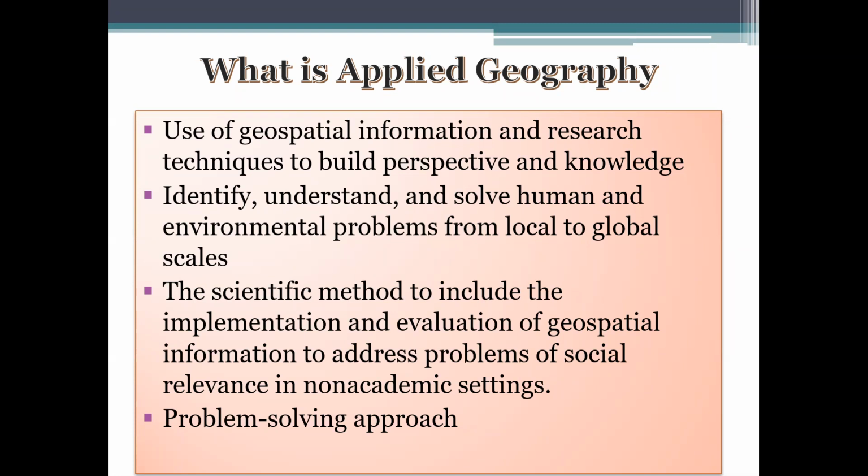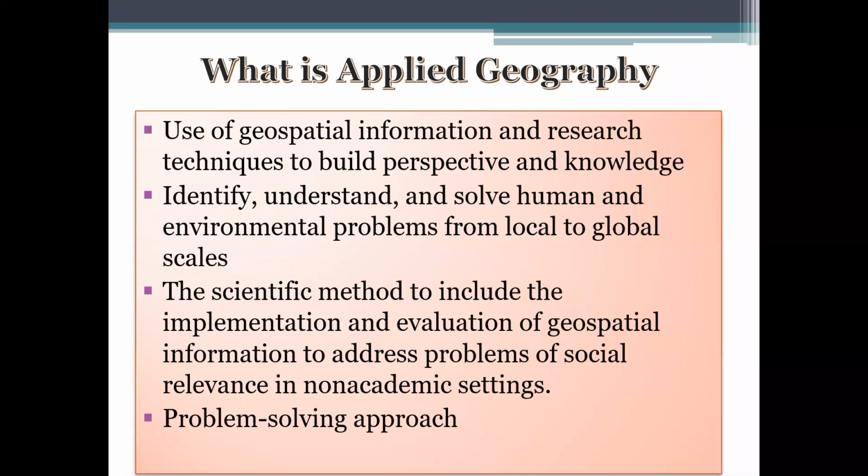So now I would like to ask you a question. By considering these facts, what are the main components? What are the main emphases of applied geography? If you define applied geography, what should be the key terms?